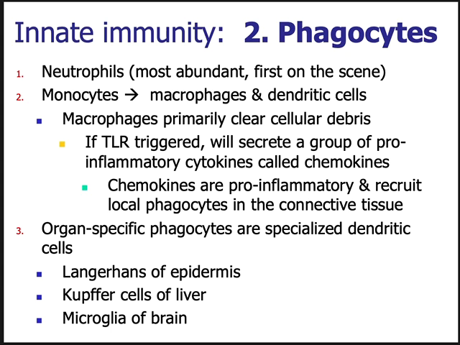I want to clarify that neutrophils are not antigen presenting cells, which we abbreviate APC. Neutrophils, they're phagocytic, but they are not antigen presenting cells. Okay, but macrophages and dendritic cells both are phagocytes that can also display antigen. And why would you do this?